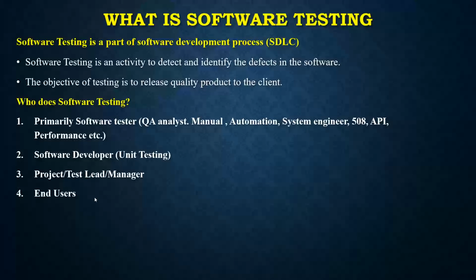Once we develop a software, another approach to test that software is known as software testing. Software testing is a part of the software development life cycle or process, known as SDLC.